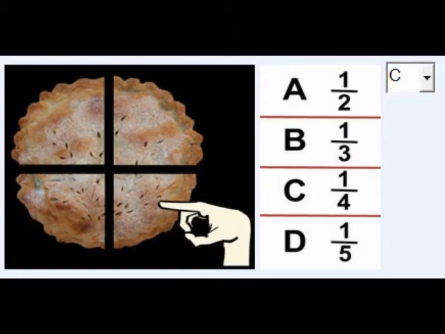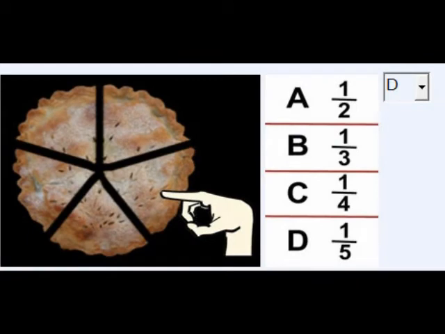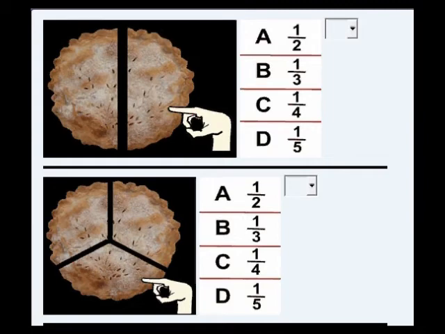If the hand is pointing to 1/4 of the pie, then select C in the answer box, because C is for 1/4. If the hand is pointing to 1/5 of the pie, then select D in the answer box, because D is for 1/5. Repeat these question sets until you can quickly complete them correctly. Then take the final exam.